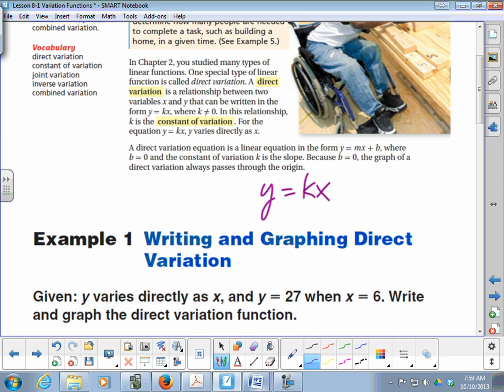What do we call that thing in front of the x when we're talking about a linear relationship? Starts with the letter S. The slope. Okay? It's the slope. So all this is what's happening to x all the time, and whatever happens to x, that's happening to y as it gets bigger or smaller.